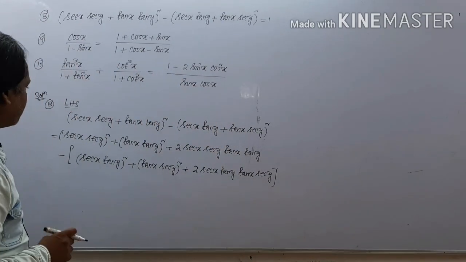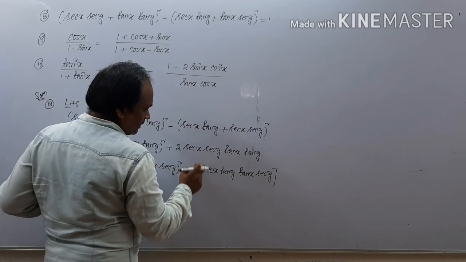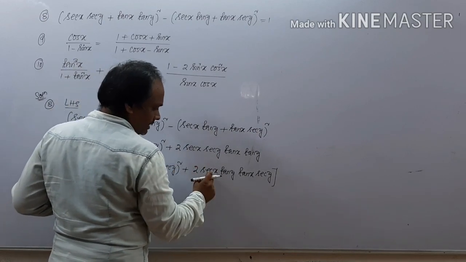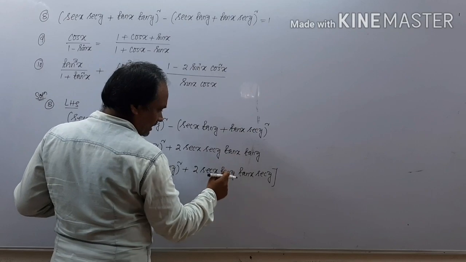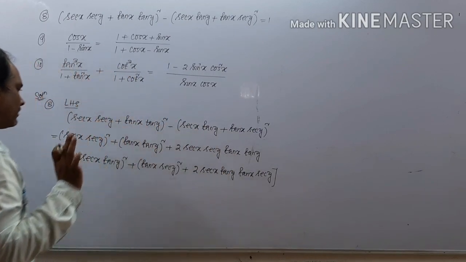So clearly see that this particular term and this particular term both are same, because 2 sec x sec y tan x tan y here, and sec x sec y, tan x tan y there. So clearly these two terms are equal.